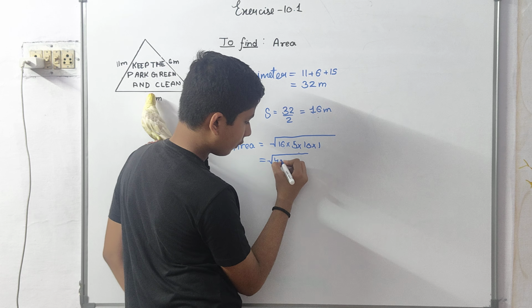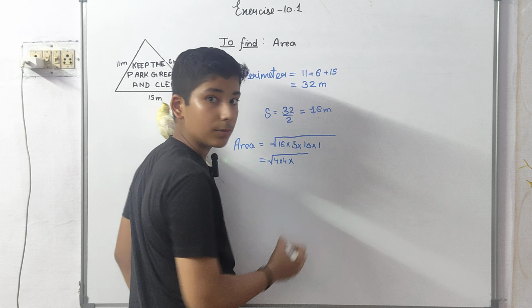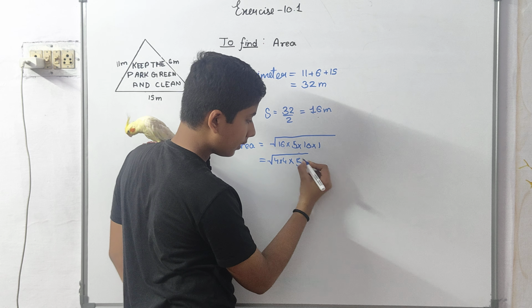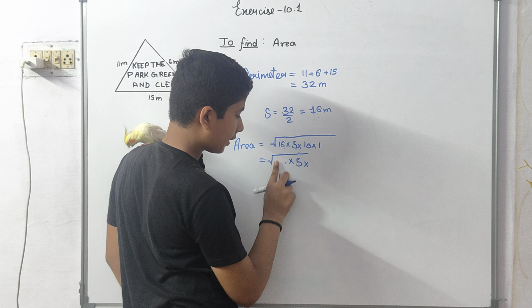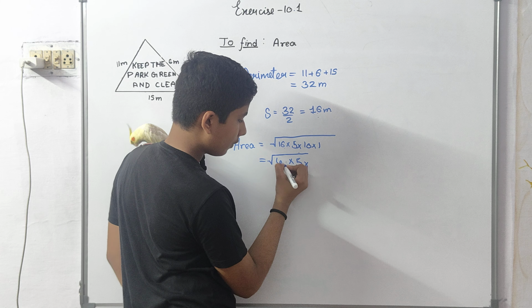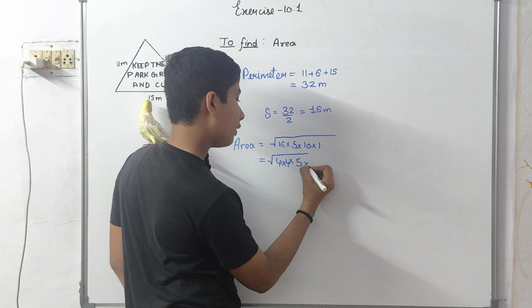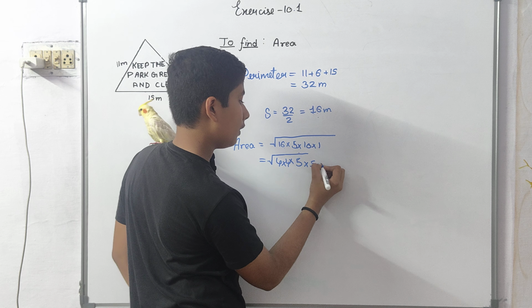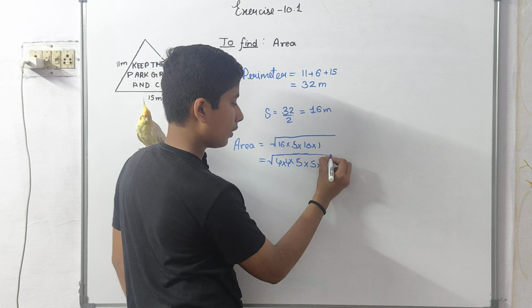So 4 into 4 into 5 will come as it is. Oh wait, let me increase the size. 4 into 4 into 5 into 5 into 2. How?